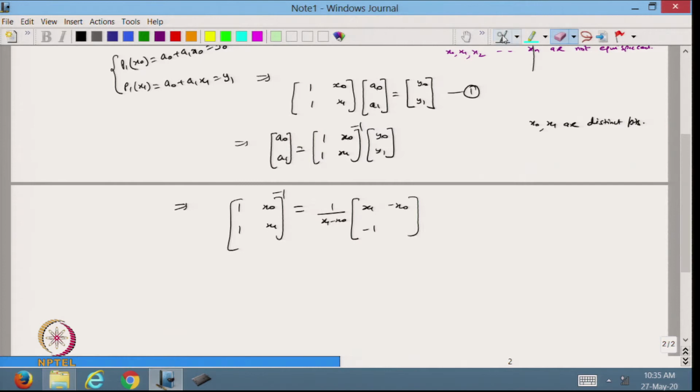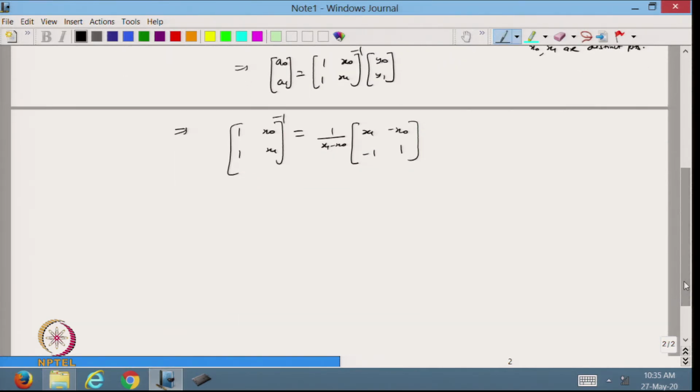So, based on this I get my solution a0 and a1, equal to 1 over x1 minus x0 times that adjoint matrix, multiplied by y0, y1.